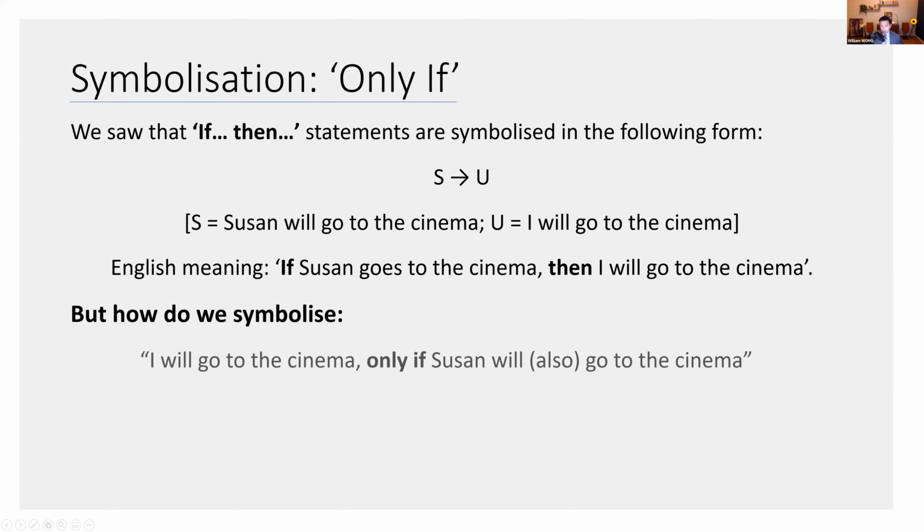But what about the following sort of sentence, an only if sentence? I will go to the cinema only if Susan will also go to the cinema. Now think about that.